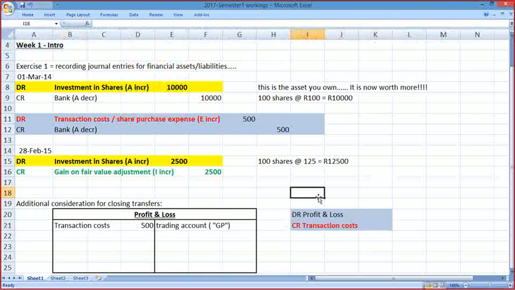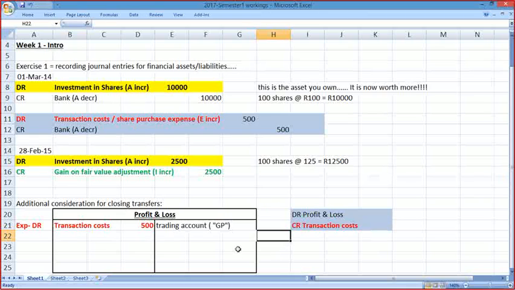That's the closing transfers. I'm just revising the closing transfers, but if you didn't understand that, don't worry about it. Let's try to keep it simple. Just remember, if it's an expense, expenses have a debit balance, so even in the profit and loss, the expense will be recorded on the debit side.